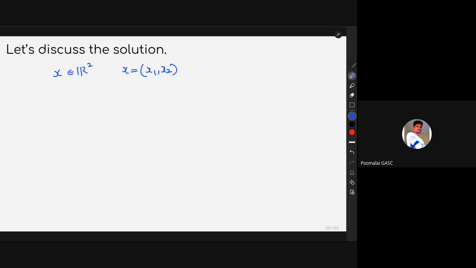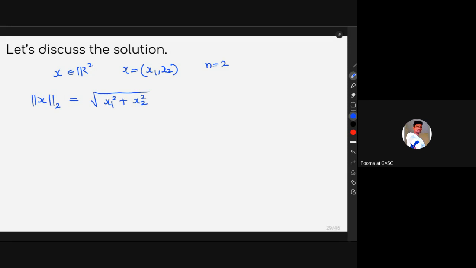So in my case, I'm taking n to be 2, just for simplicity and understanding. By definition, the norm 2 is given by the square root of x1 square plus x2 square.